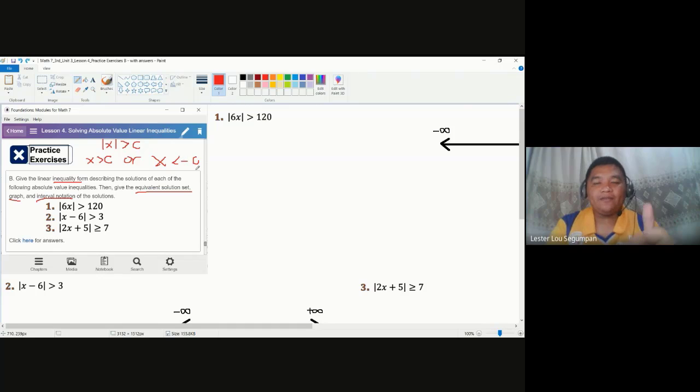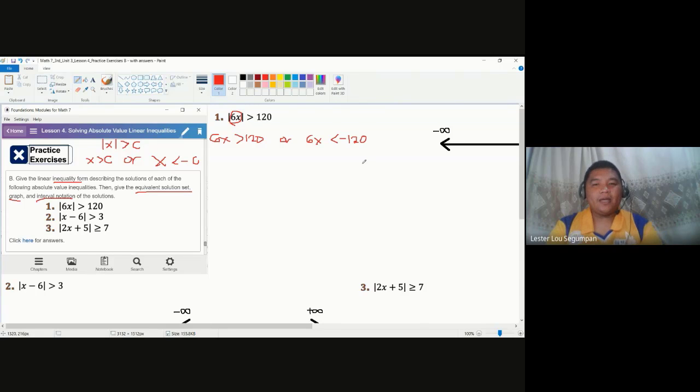By applying this general format for number 1, it should take the whole expression, so it should become 6x is greater than positive 120, or 6x is less than negative 120.